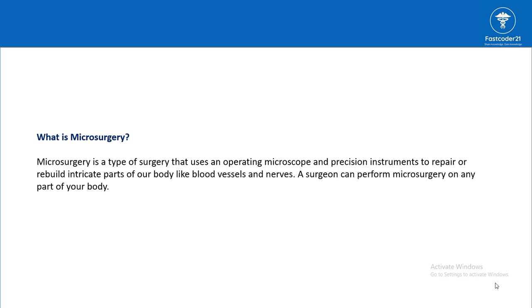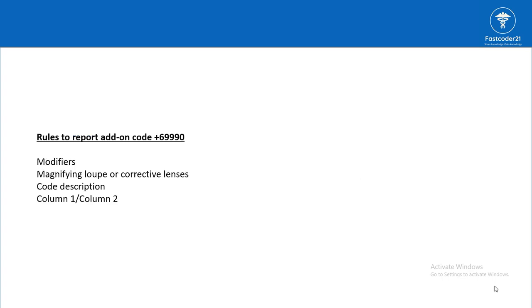Usually, minute structures include blood vessels as well as nerves. So in order to perform surgeries on blood vessels and nerves, the physician most of the time will use a microscope. In CPT, we have one add-on code for the microscope, which we have discussed previously. Now we will learn the rules to report add-on code plus 69990.